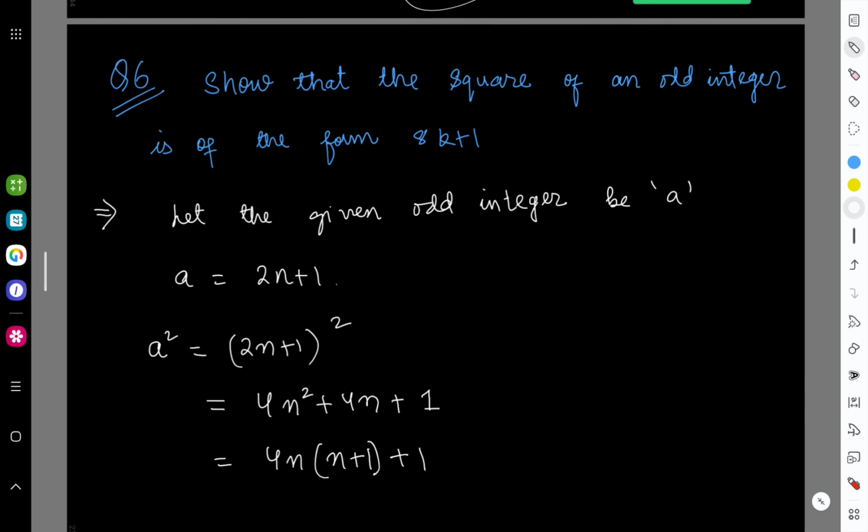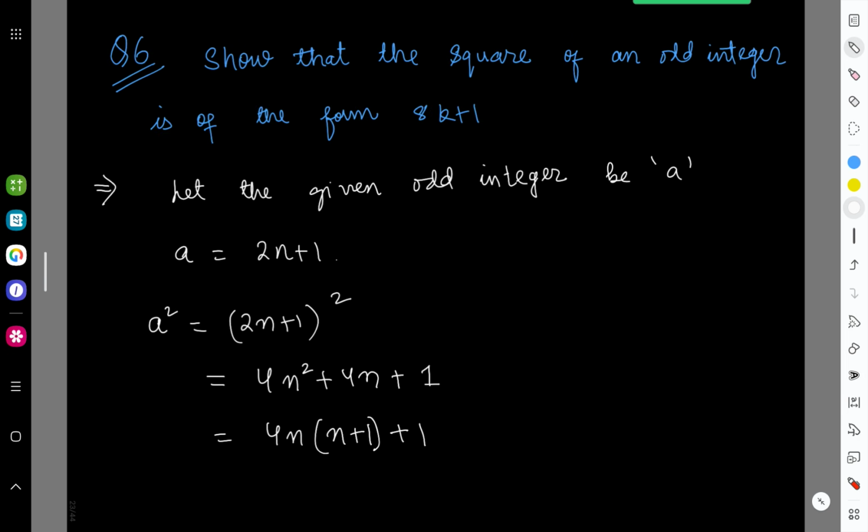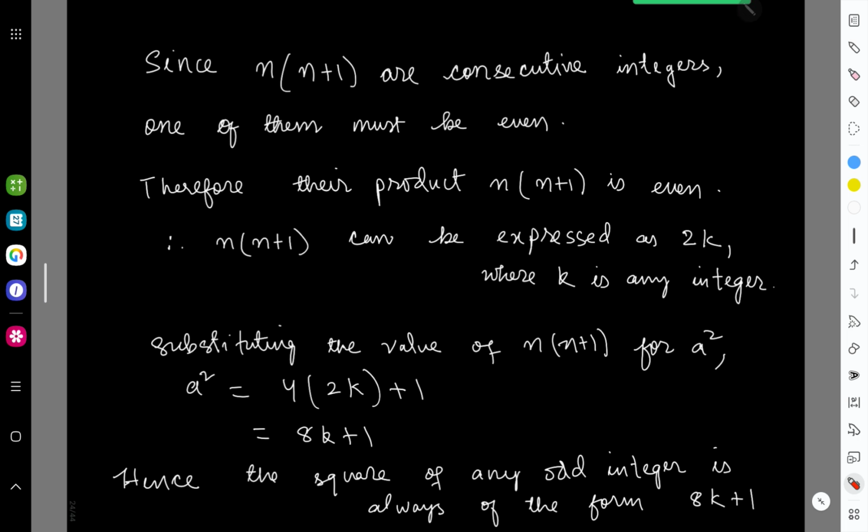Now let me show you the proper answer for question number 6. I have written here, let the given odd integer be a, then a is equal to 2n plus 1, since a is odd. I have taken the square, expanded with the help of the identity, and this is what I got after I took 4n as common, and this is our general form for two consecutive integers.